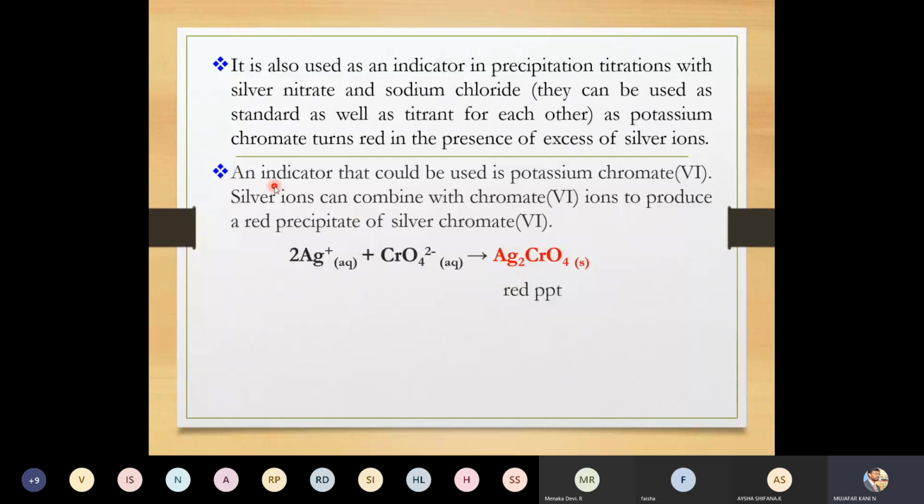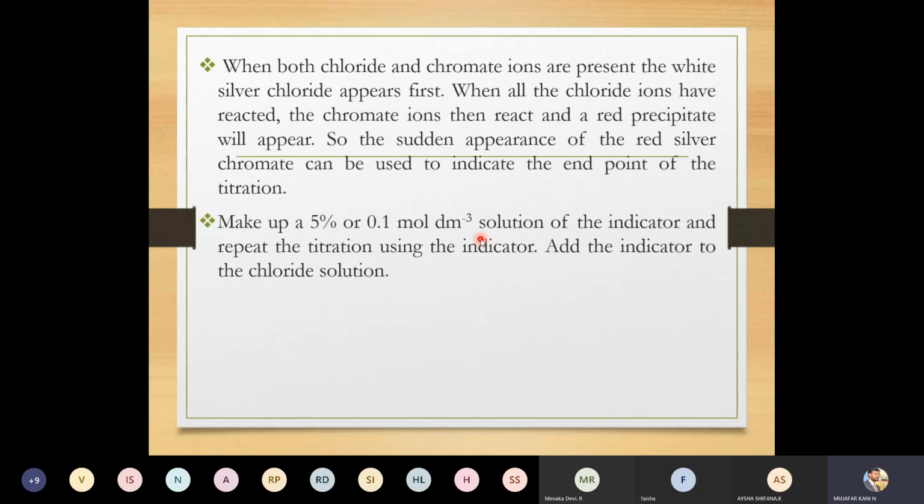Silver ions can combine with chromate ions to produce a red precipitate of silver chromate. When both chloride and chromate ions are present, the white silver chloride appears first. When all the chloride ions have reacted, the chromate ions then react and a red precipitate will appear.